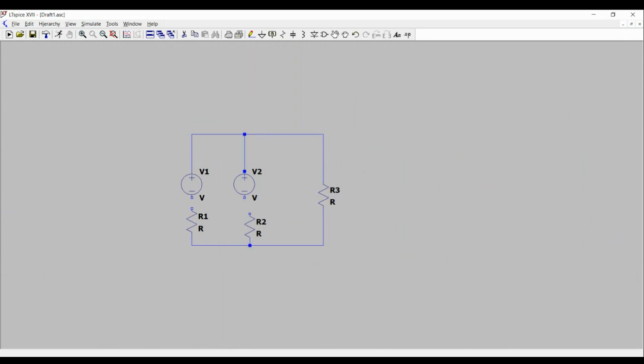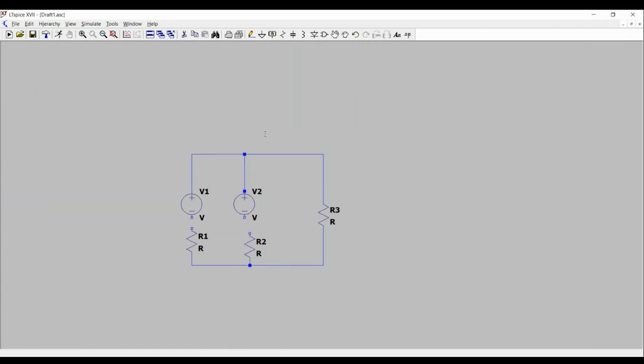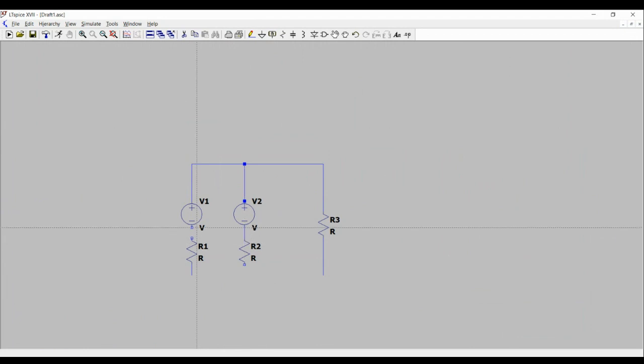So this is the circuit simulation software I mentioned. Oh no, what did I do here? I should cut this out. Get another resistor in here.